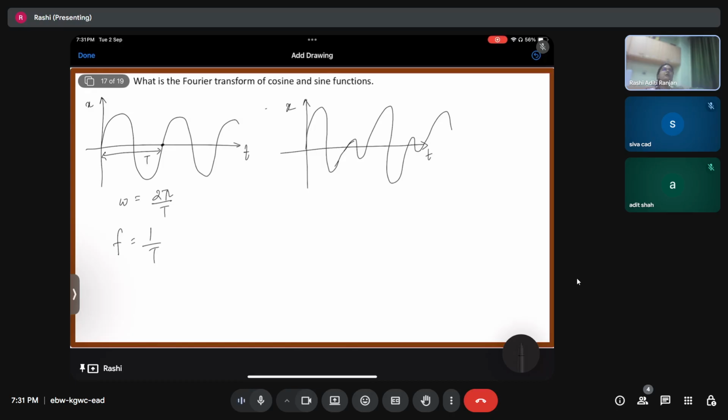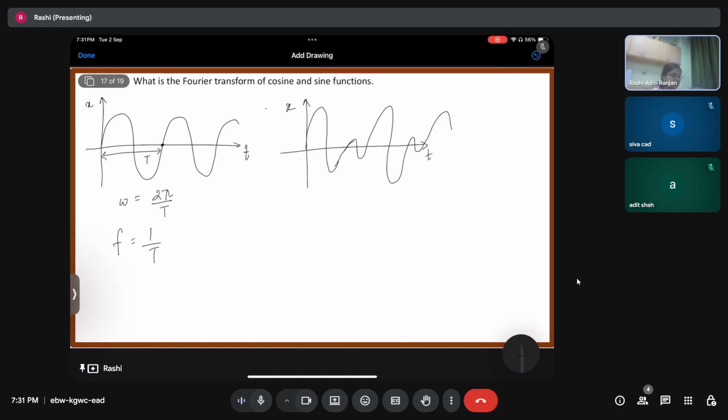For example, there are three frequencies present in this signal, I'm just assuming it, I don't know that. F1, F2, F3. Then these three are going to have some contribution, A1, A2, A3. Then we can use the Fourier transform in order to get those values and then we can plot it, right? So here we are trying to find out the Fourier transform of cosine and sine function.